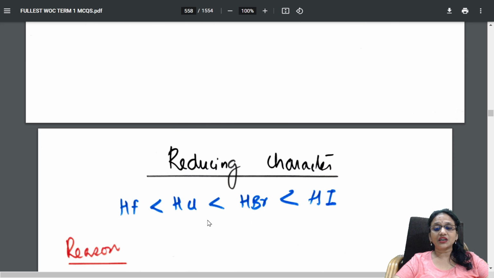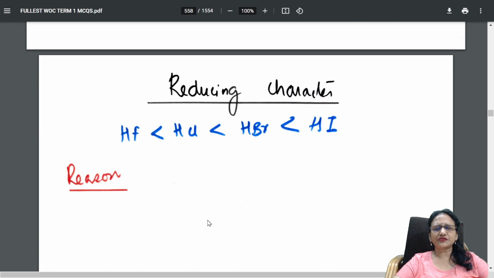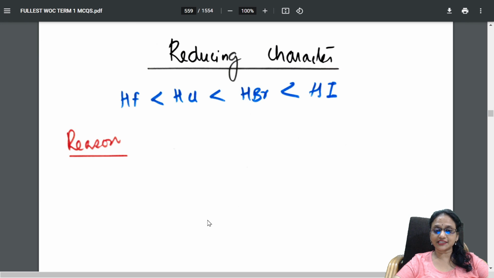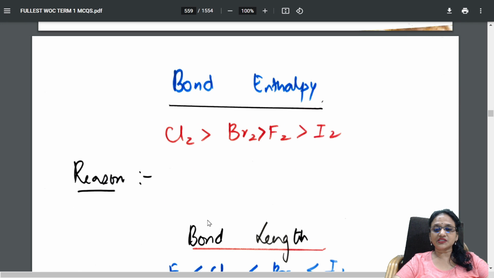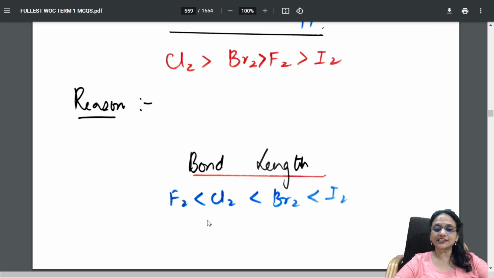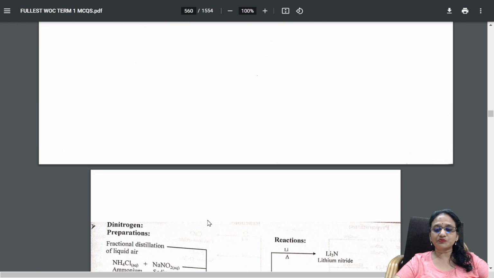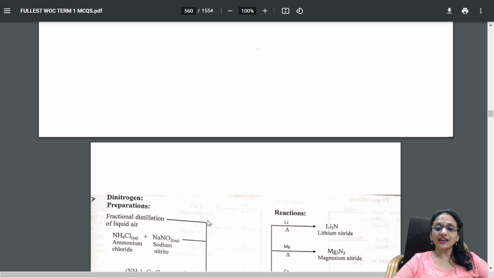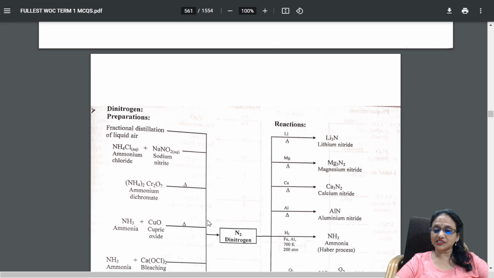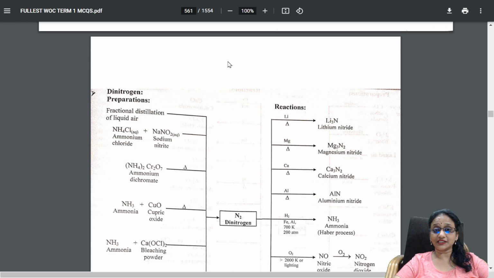The reducing character trend for group 17 is this. Then bond enthalpy trends, bond length trends, and thermal stability trends. I will share the video of these trends in the description. Please go through it.